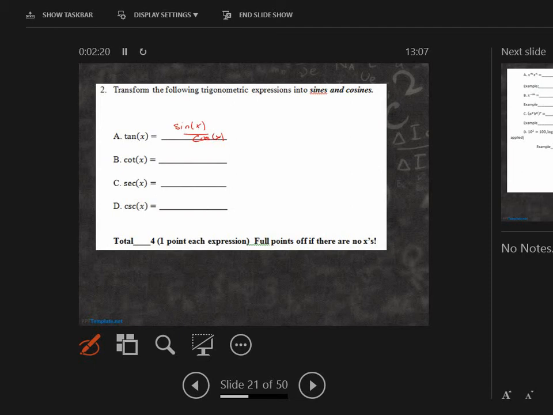And I will take full points off at this point in time of the semester if you're not putting your x's, because these things don't have meaning if they don't have the x's. You might say to yourself, what's the big deal if I don't have the x's? Well, if you go to Mukherjee's class, Calc 1, and he sees there's no x's there, he's going to think you don't know what you're doing. So really, it's a sign of something that I don't want anyone to ever see. So I want to really encourage everybody to make sure they put their x's in there.